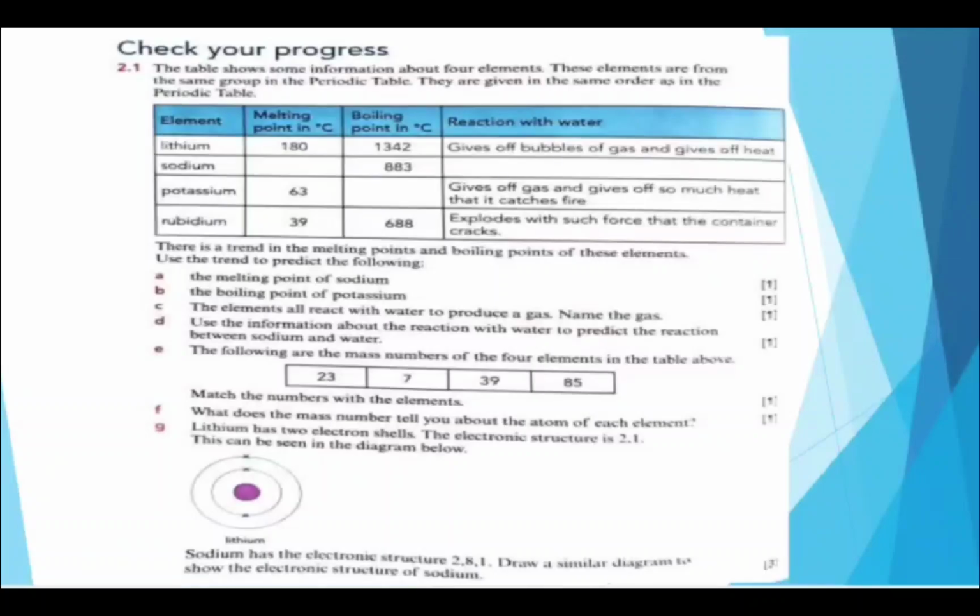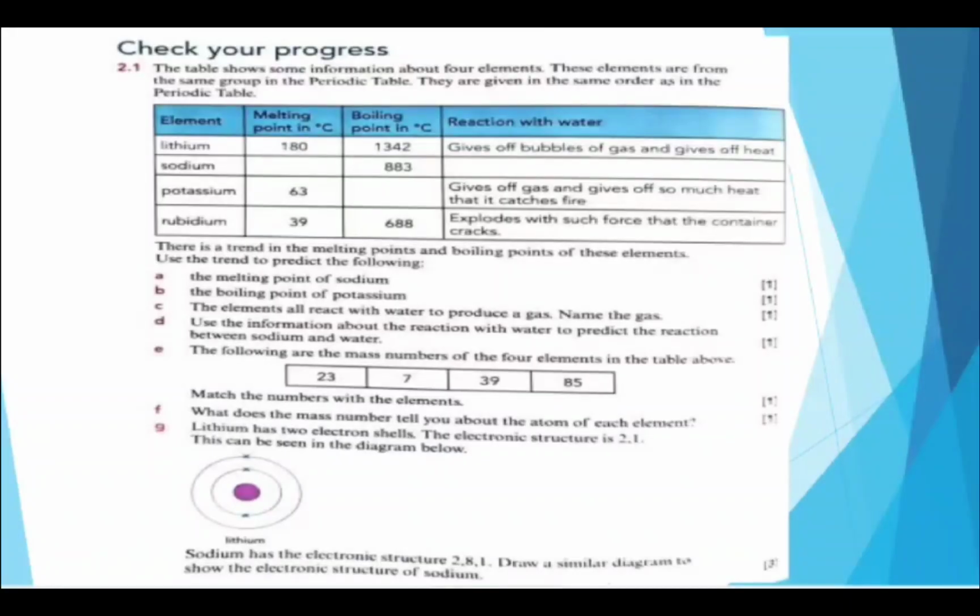Reaction with water. When lithium reacts with water, it gives off bubbles of gases and gives off heat. Sodium, maybe we have to find out. Potassium gives off gas and gives off so much heat that it catches fire. And rubidium explodes with such force that the container cracks.